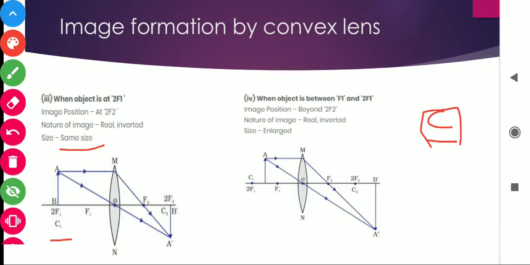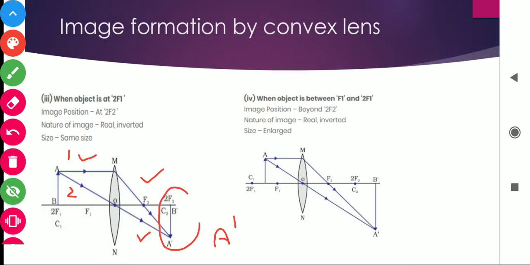How we will draw it? See. Again, this is the object. We take two rays, first and second. First one goes parallel, passes through focus, and the second one is from optical center. Both these intersect at point A1, and A1B1 is the perpendicular we draw from A1 to principal axis, and this is the image.